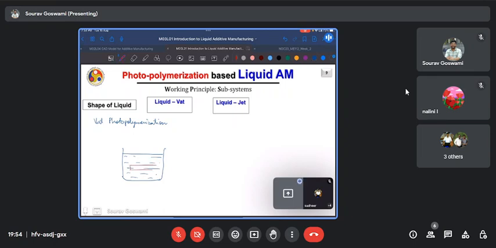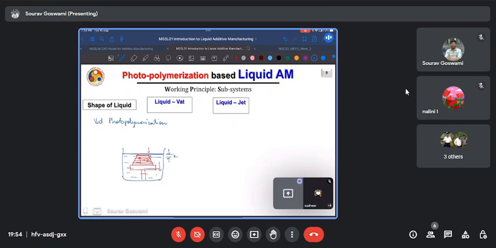Maybe you have a build plate here, which in this example moves in the downward direction, so that printing always takes place in the plus Z direction. Your entire system is within this vat. Say I'm printing a pyramid. My printed part is always inside. Here, the gap between the last deposited layer and the vat surface would nominally be equal to the layer height.